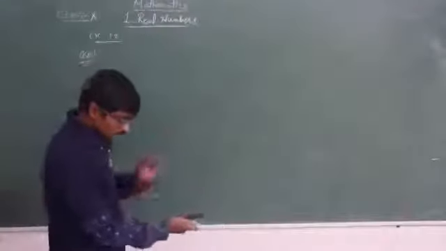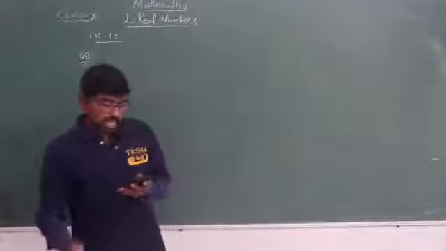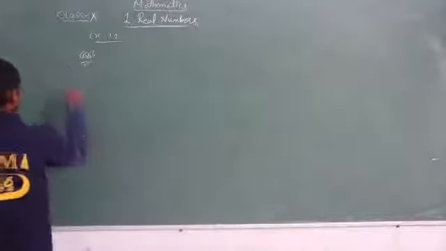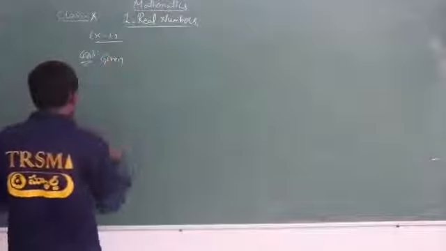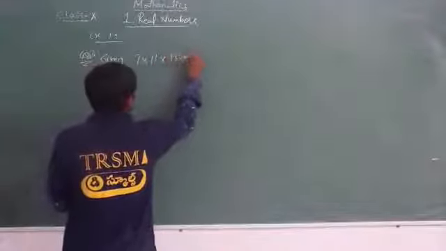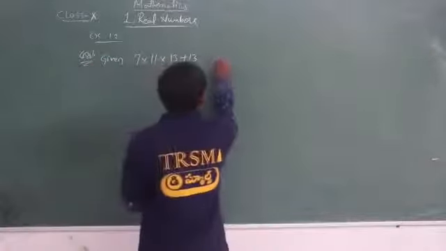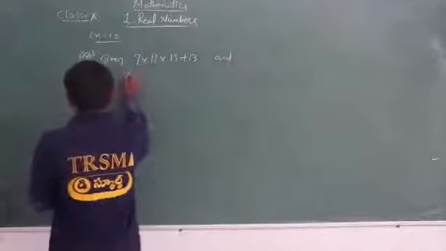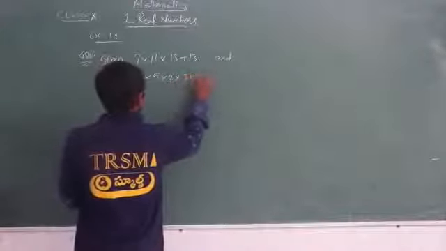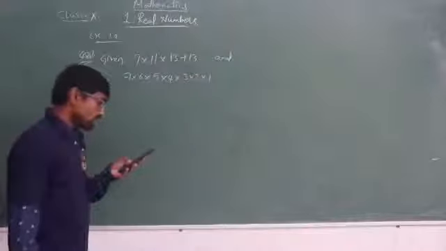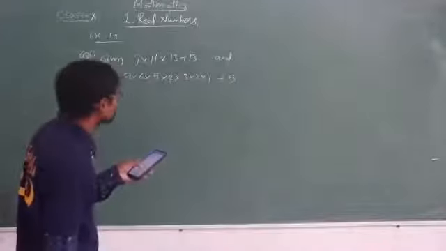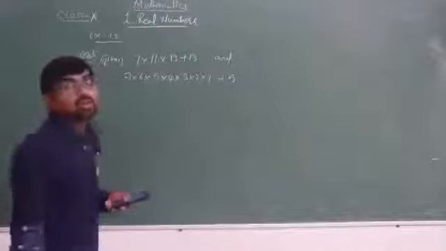Okay, the fourth solution. What he had asked in the question is to explain why the given numbers are composite. The first number is 7 into 11 into 13 plus 13, and the second number is 7 into 6 into 5 into 4 into 3 into 2 into 1 plus 5.